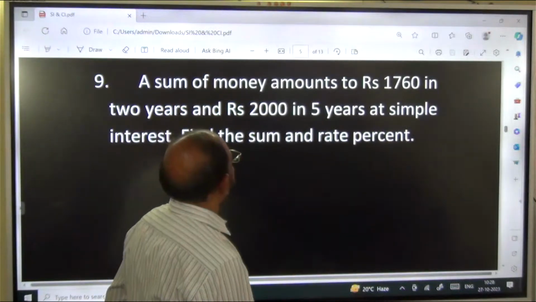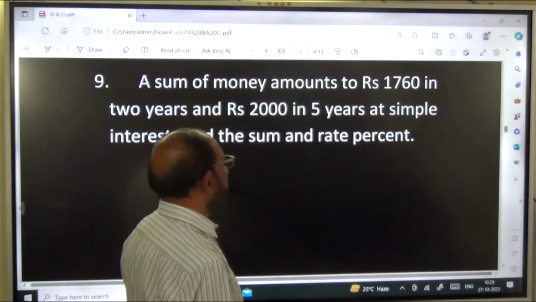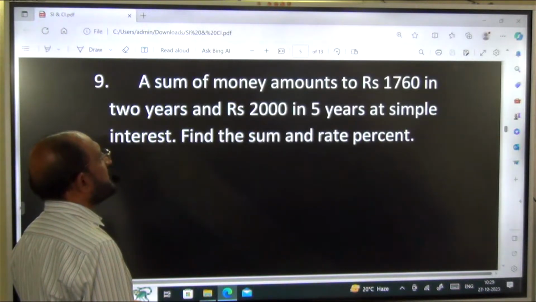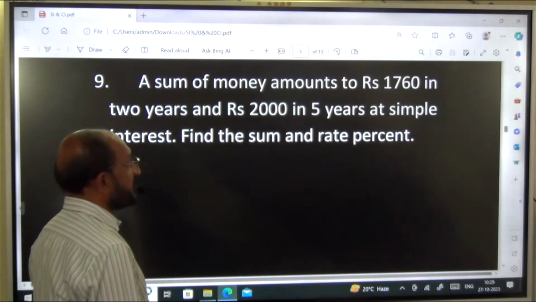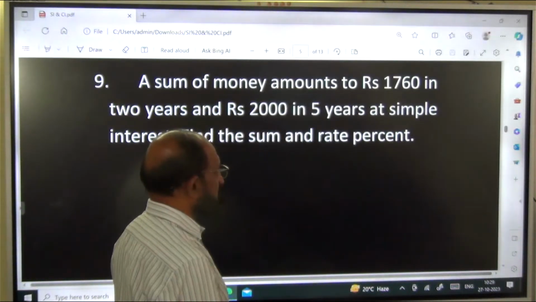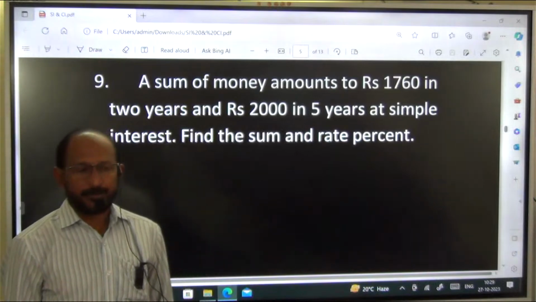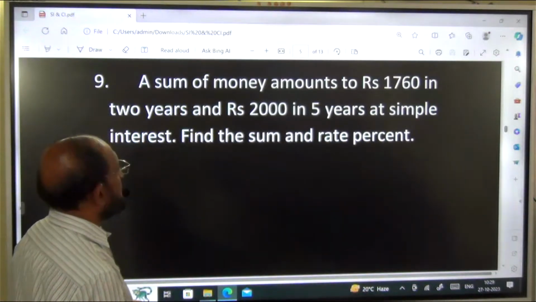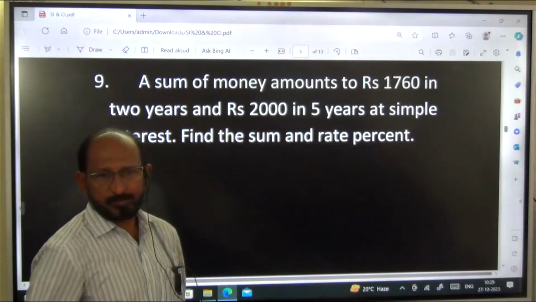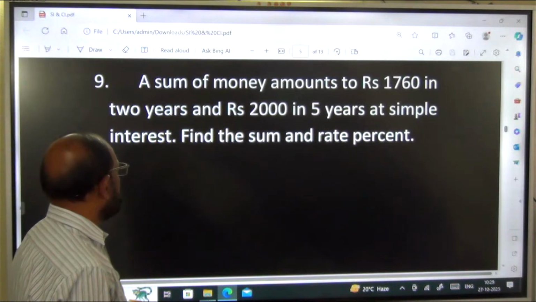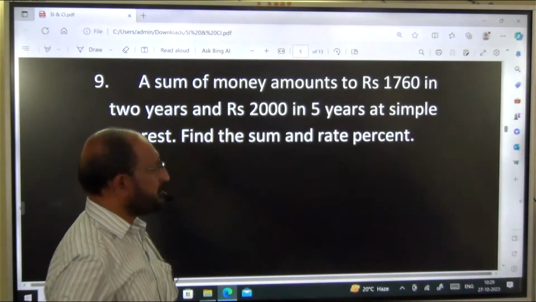A sum of money amounts to 1760 in 2 years and 2000 rupees in 5 years at simple interest. Find the sum and rate percent. See here, the sum we don't know. 1760 in 2 years, 2000 rupees in 5 years.